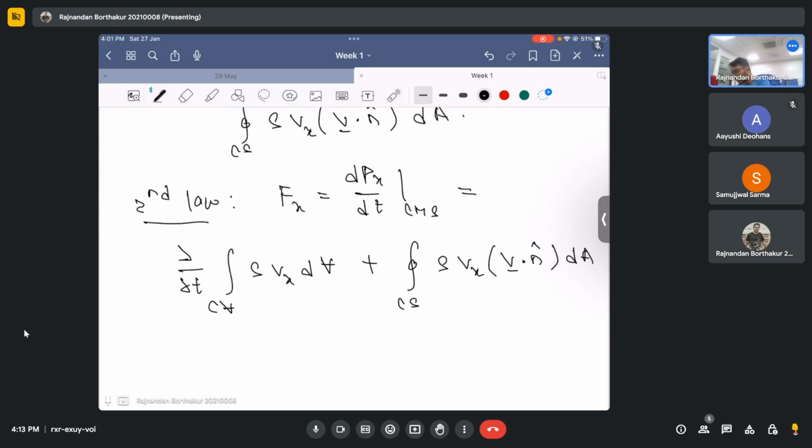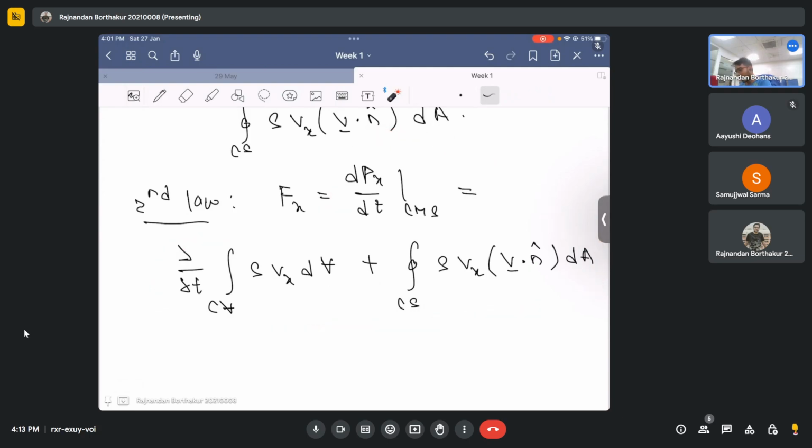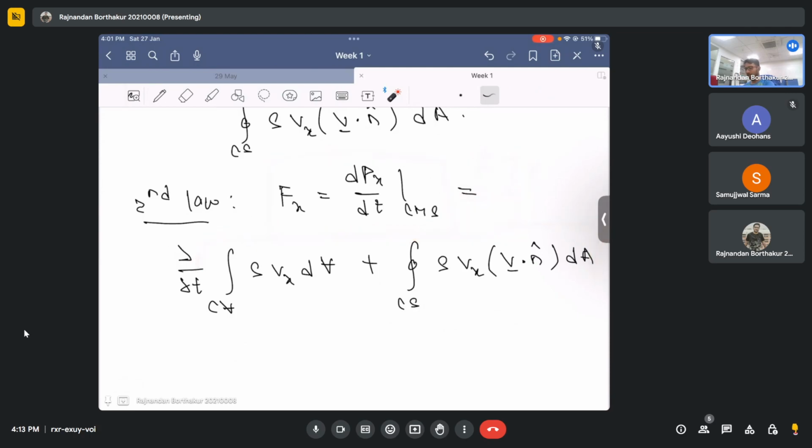Again, I would repeat, this thing comes from the Reynolds transport theorem, and the equality of this and this comes from Newton's second law. So this deals with a control mass system, and this equal to comes from the RTT, and this RTT connects with the control volume analysis that we did.